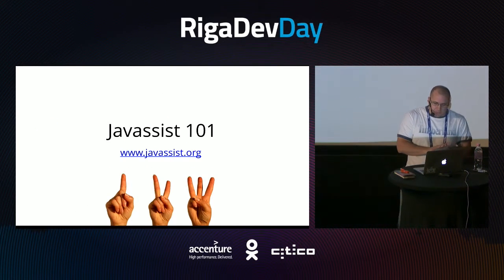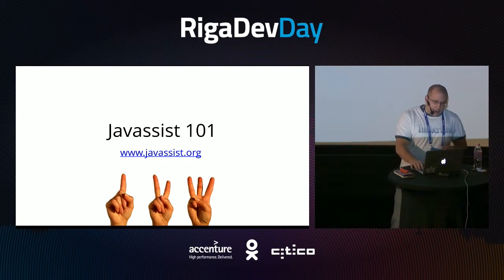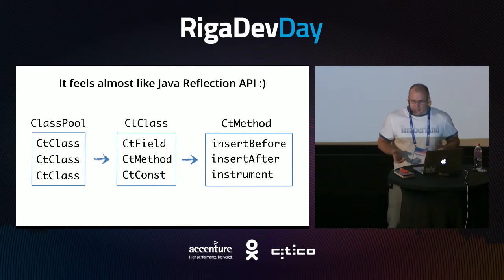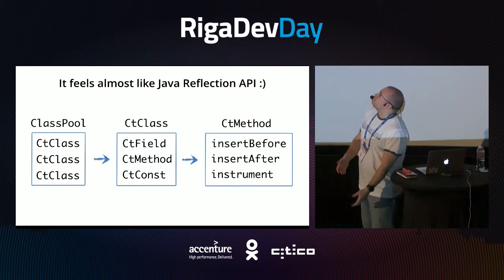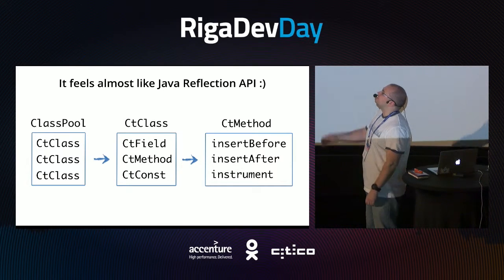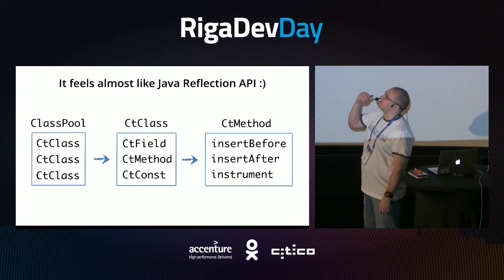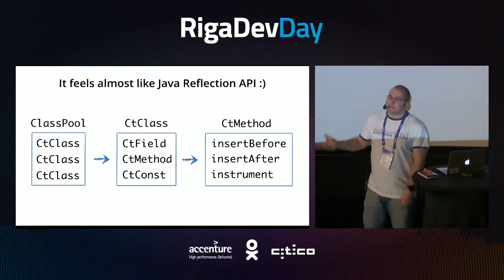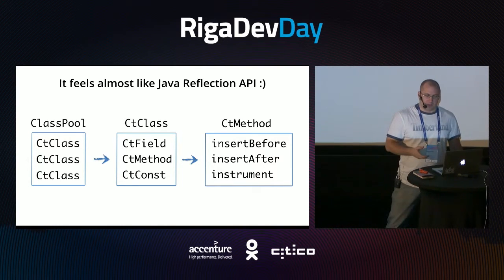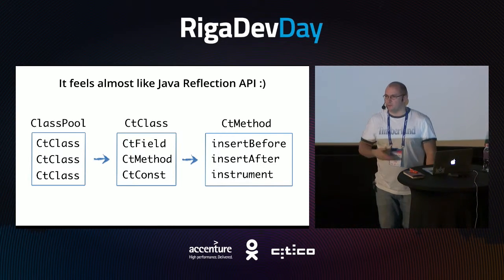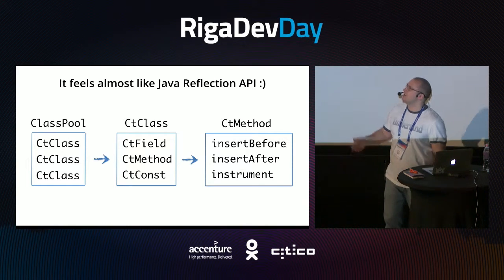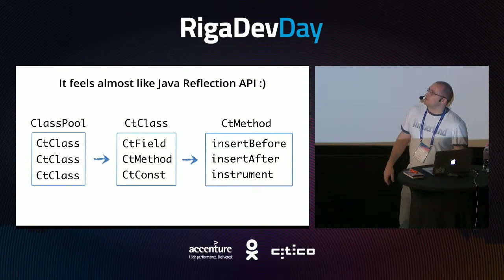So, Javassist 101. Basically, it looks very much like the Reflection API. You start from the ClassPool, which is a representation of a classpath. You can think of it this way. You get access to the classes through this ClassPool API.